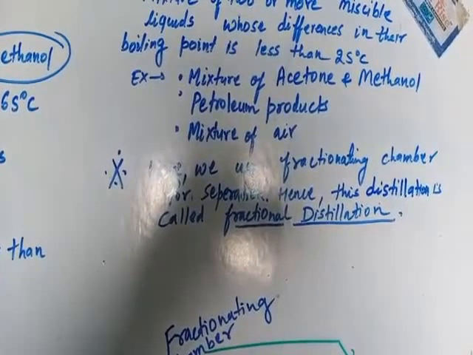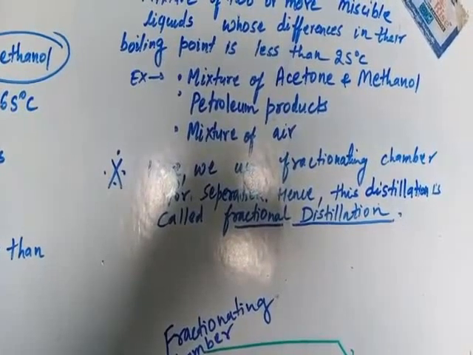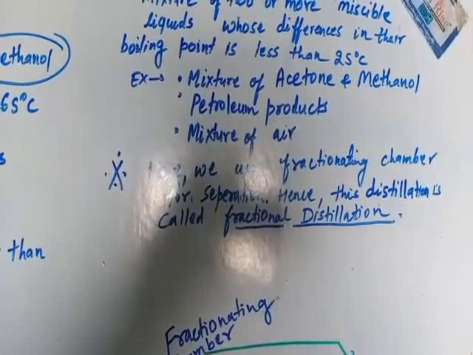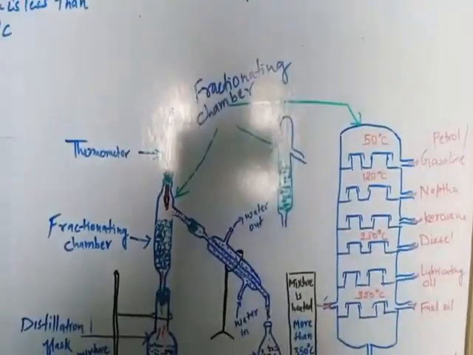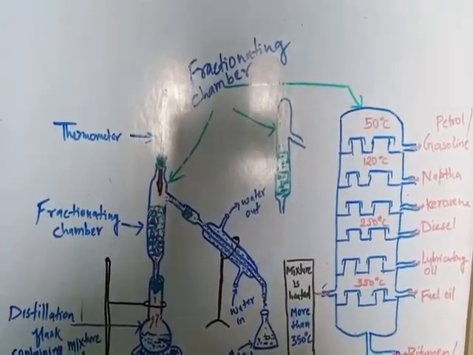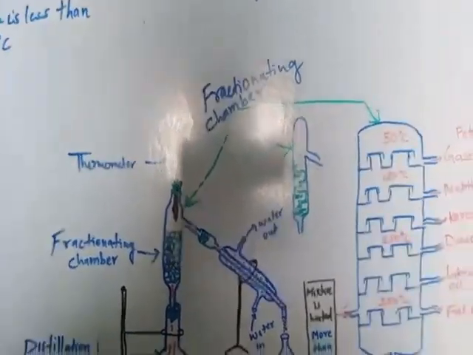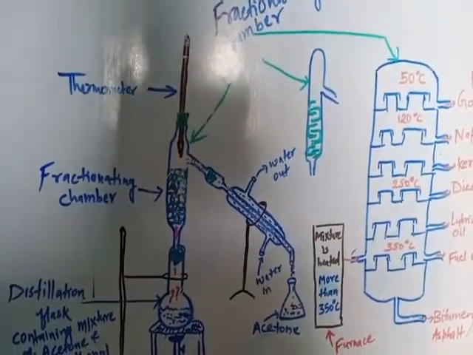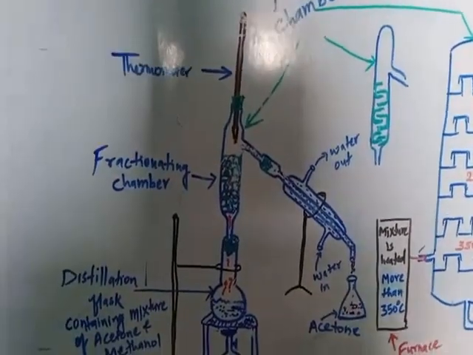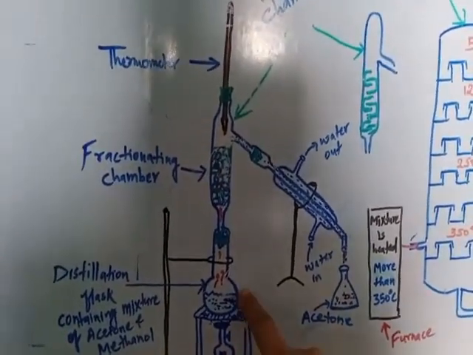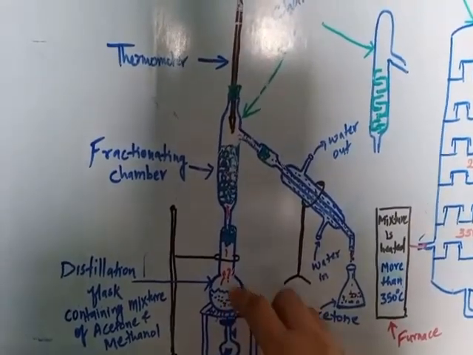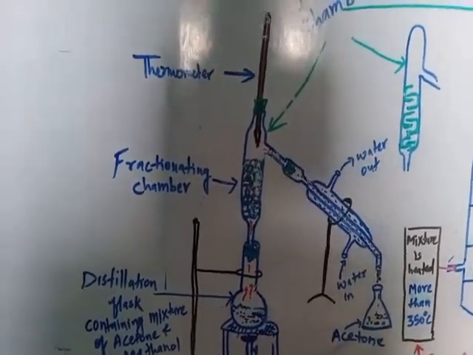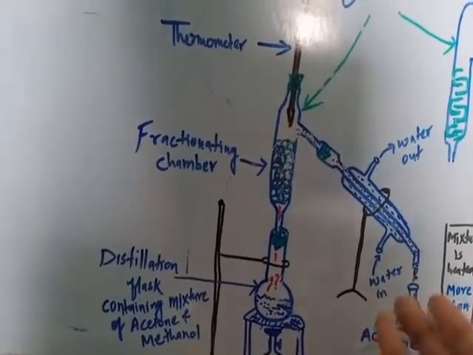So students, we know that we use a fractionating chamber in the fractional distillation process. Now, why do we use a fractionating chamber? As we know, when we heat the reaction mixture containing the miscible liquids, the liquid starts boiling and the vapor of the liquids moves upward.